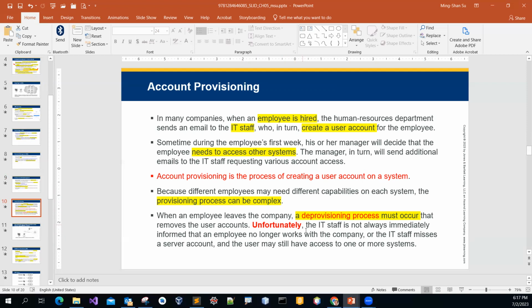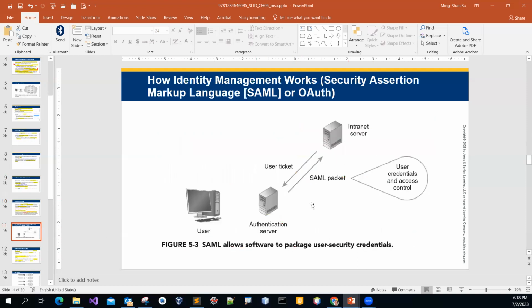Unfortunately, the IT staff is not always immediately informed that an employee no longer works with the company, or the IT staff misses a server account, and the user may still have access to one or more systems. We all know that this is bad, but it's hard to avoid.